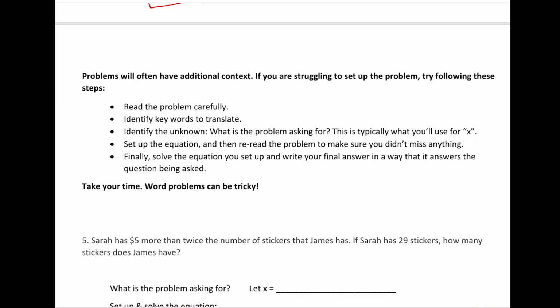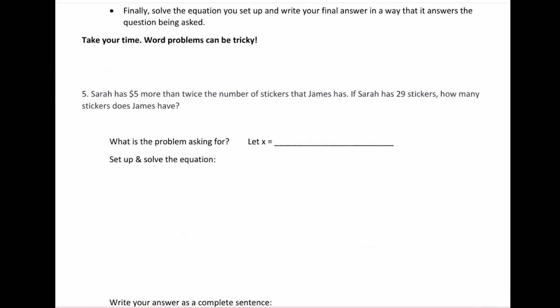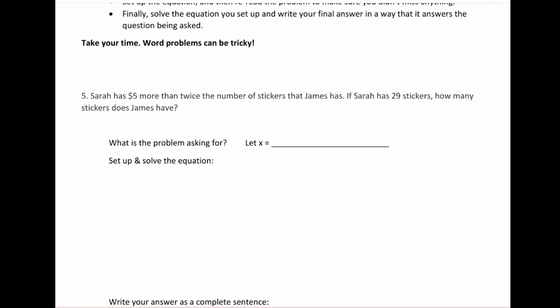So let's take a look at an example word problem here. It says Sarah has $5 more than, oh, $5. I think that's a typo there. Let's just scratch out that dollar sign. That doesn't make sense. Sarah has 5 more than twice the number of stickers that James has.